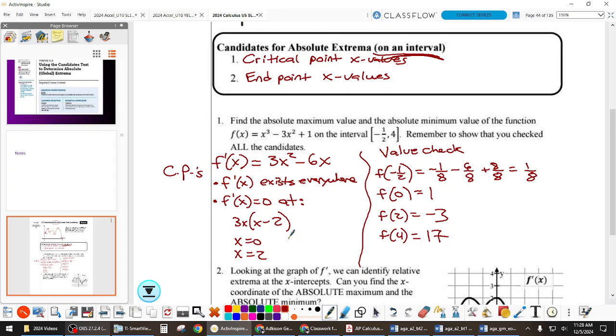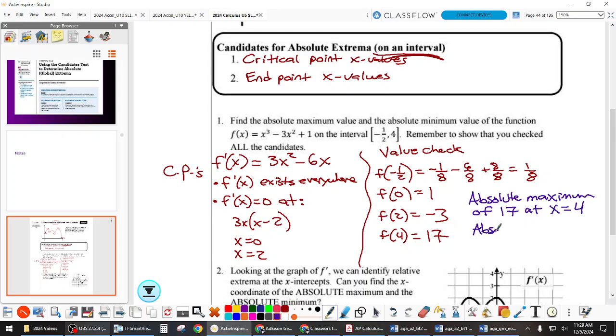So what do we know? Yeah. So we can just say absolute maximum of 17 at x equals 4.